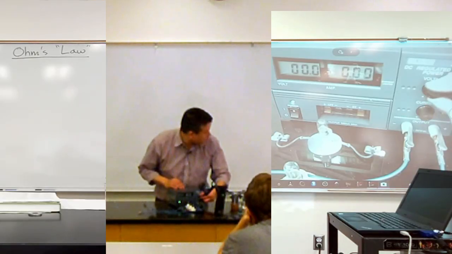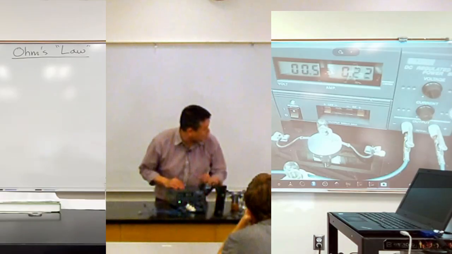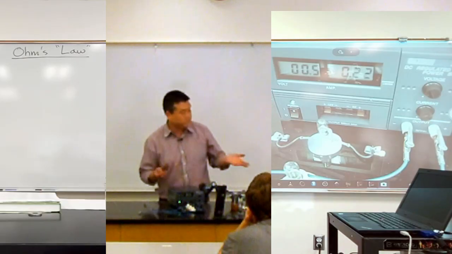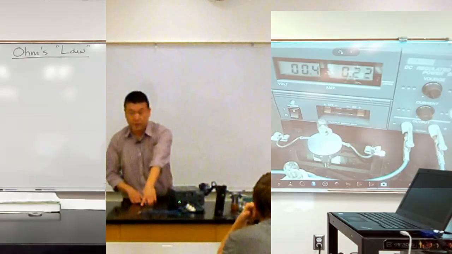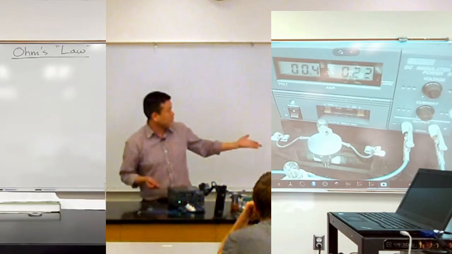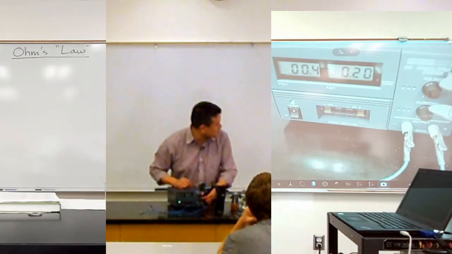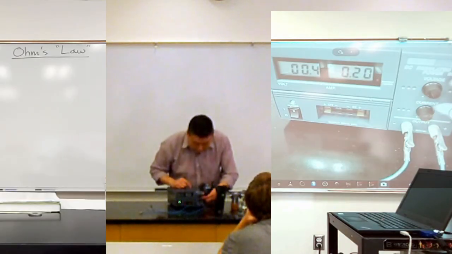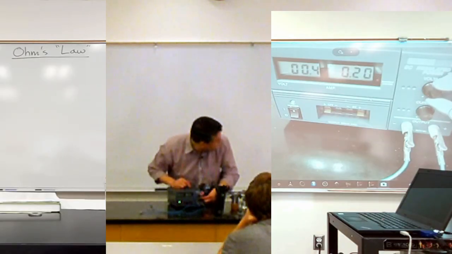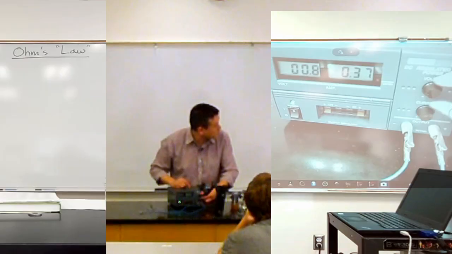So I apply a little bit of voltage here. Let's see, when I apply about 0.5 volts, difference from one end to the other, then I get a current of 0.22 ampere. Let's keep going. Let's try doubling the voltage, 0.8 volts, 0.37.